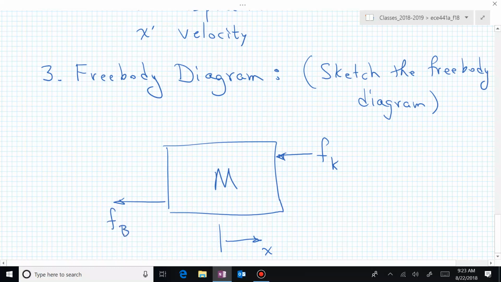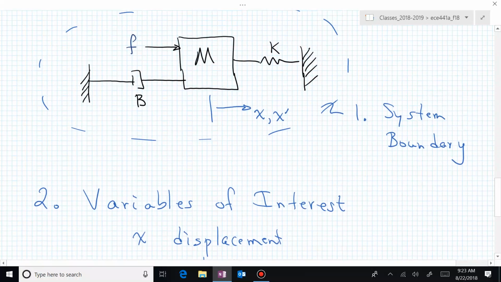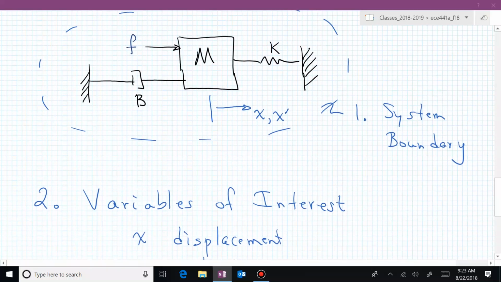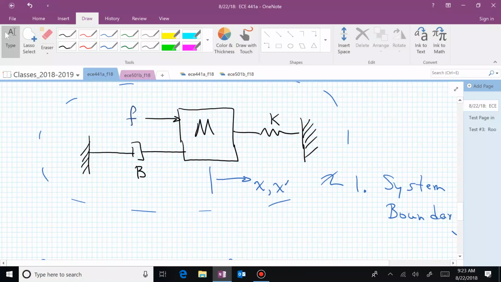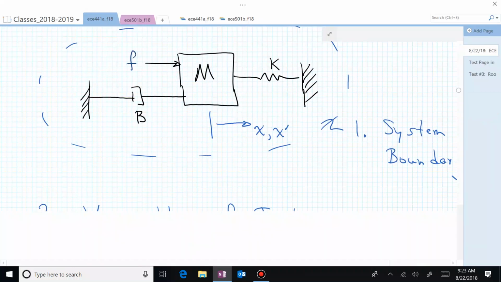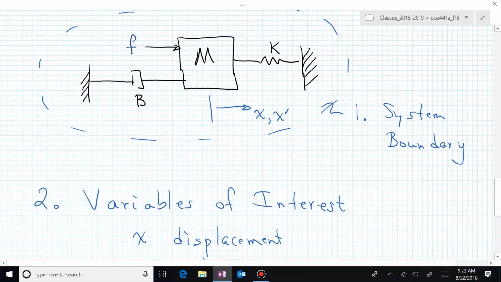We have the applied force, and let's call that U, because a lot of times we have inputs described as U, and that's not the step input.